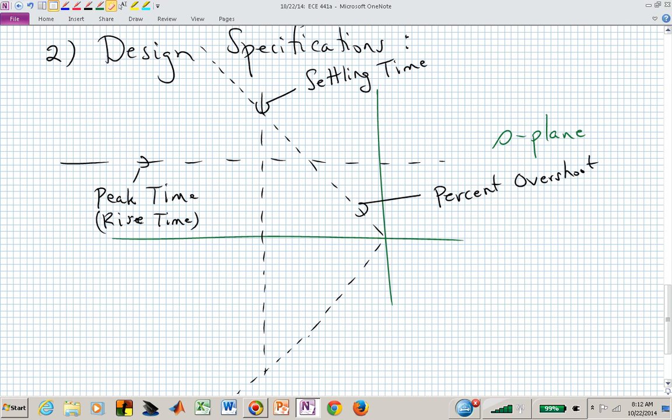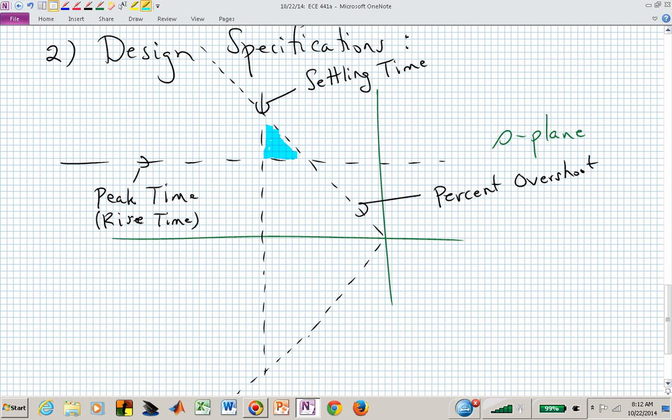I want a peak time quicker than what's indicated by that horizontal line, and I want a percent overshoot less than what's indicated by the wedge. Where am I at now? I want a slower system, so now I'm to the left or to the right of that. I wanted a certain percent overshoot smaller than what's indicated, and I needed a quicker peak time. So now I'm in that little triangle.